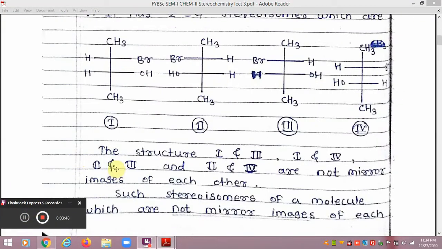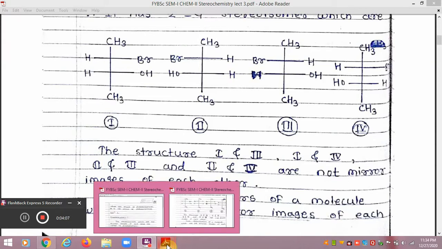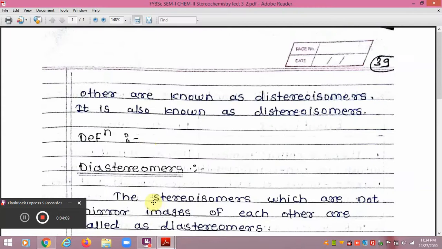Hence structures 1 and 3, 1 and 4, 2 and 3, 2 and 4 are not mirror images of each other, and such stereoisomers of a molecule which are not mirror images of each other are called diastereomers.